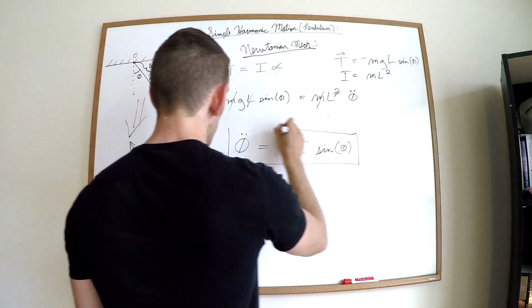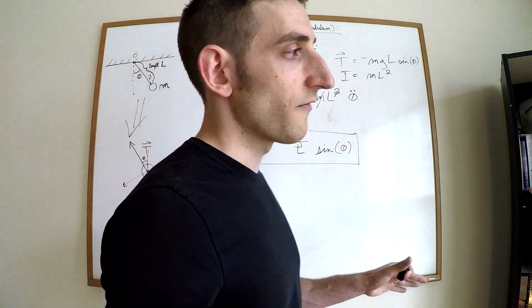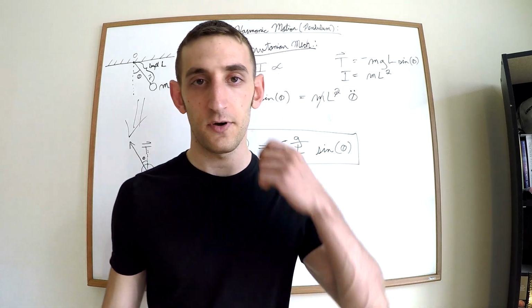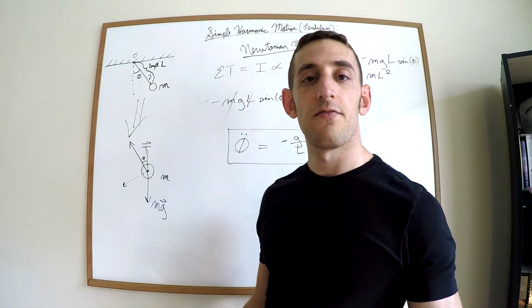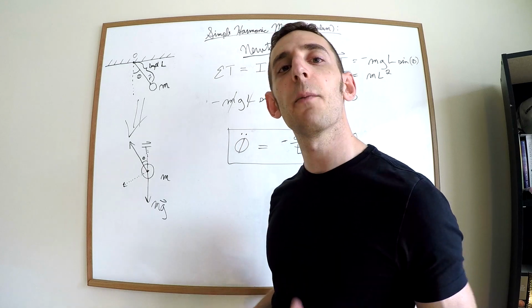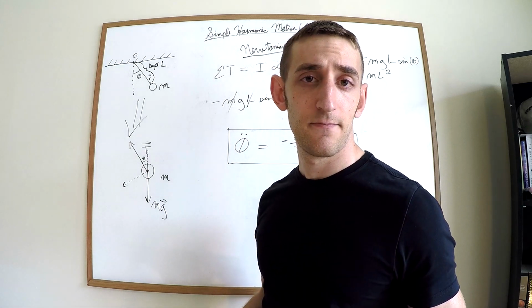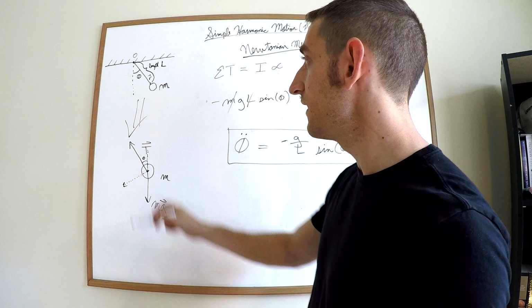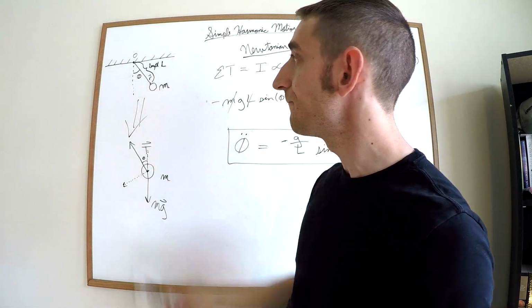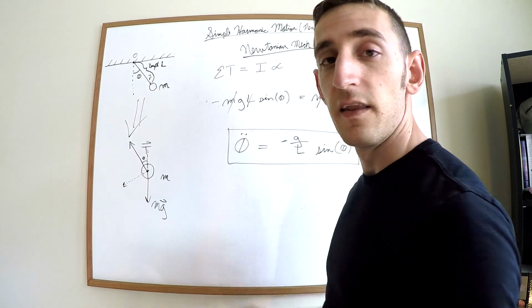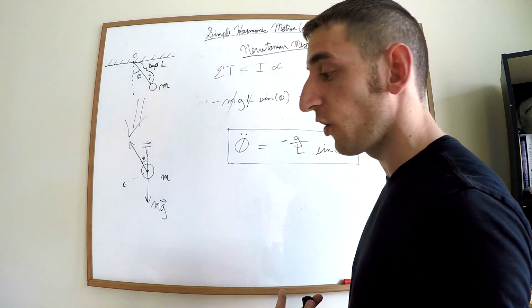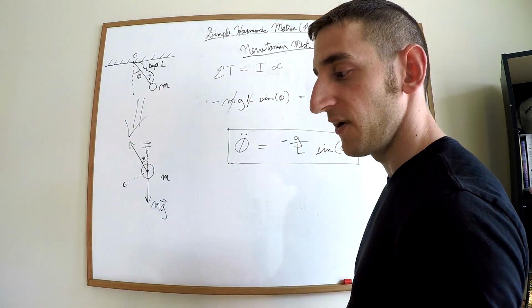Bam! This is the equation that governs our motion. If you solve for theta, we would have theta of t. We can determine theta at any time at all, and then we could figure out where this is located using the geometry. So in essence, this is the governing equation. This is what we were working for.